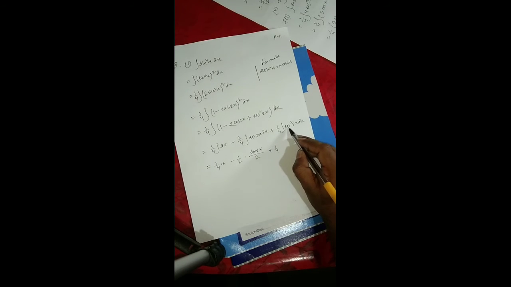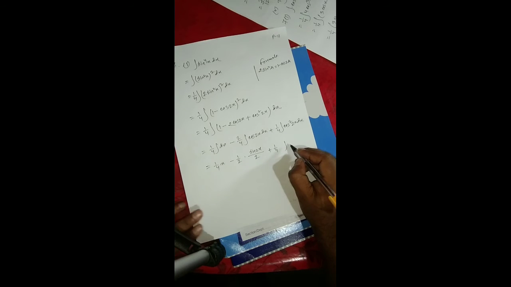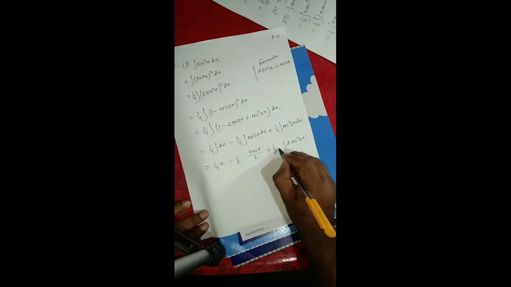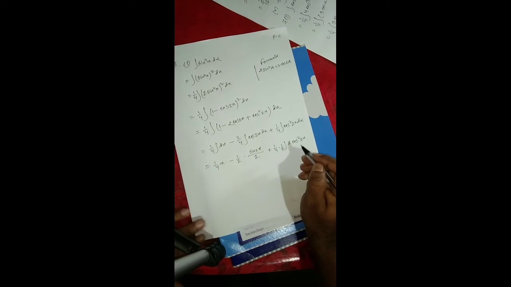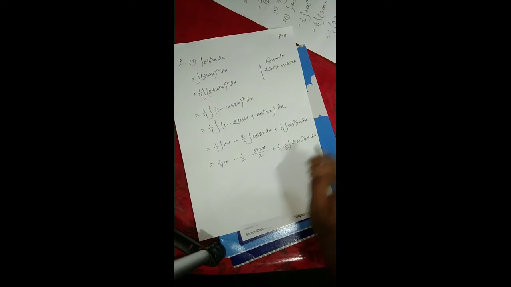Here only cos square x. That means we take 2 cos square 2x. For this 2, divided by 2 or multiply by half d of x.